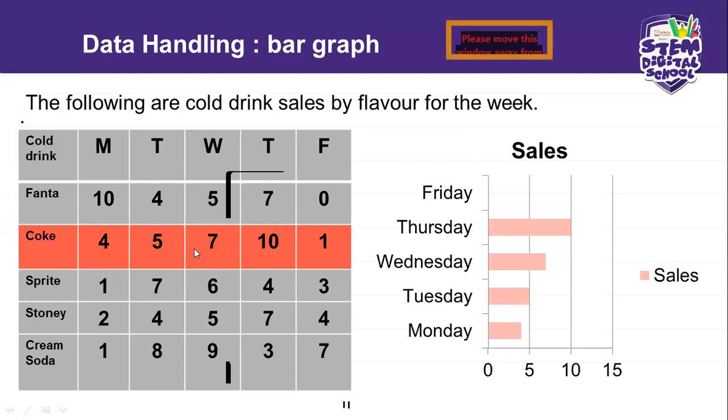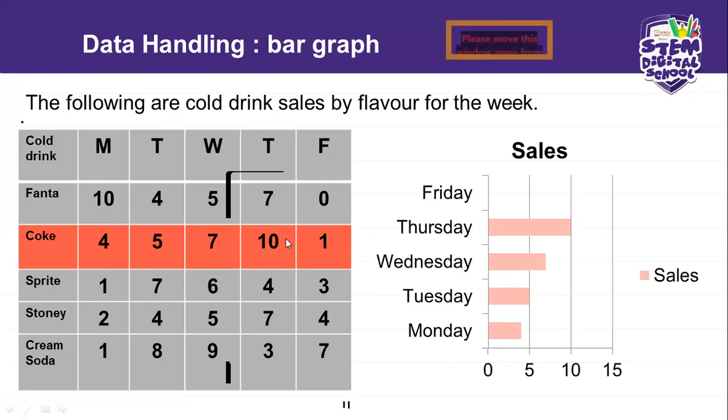We go to the graph, and the table says 7. 7 cool drinks were sold on Wednesday. We go to Wednesday, and then we go to our numbers there, 5, 6, 7, and then we go up there, and where it meets Wednesday, we do a bar there.